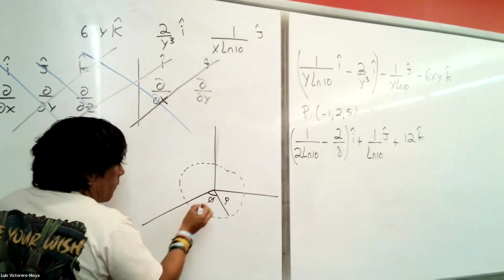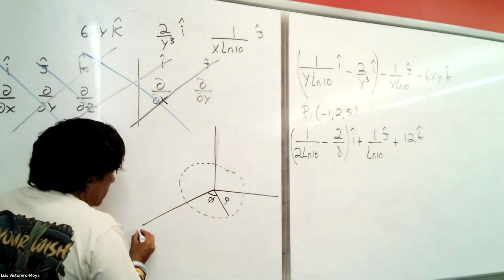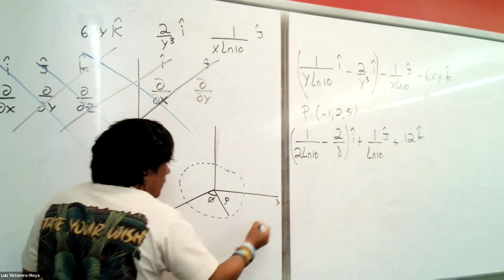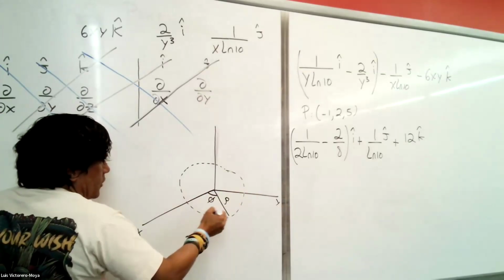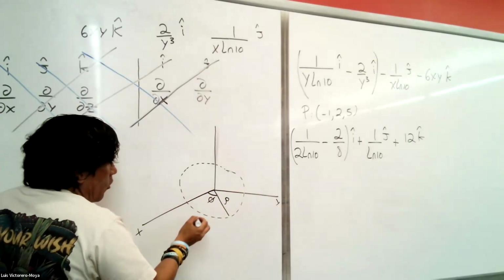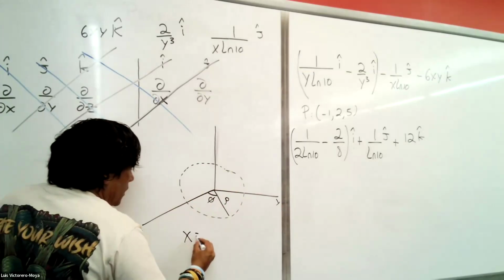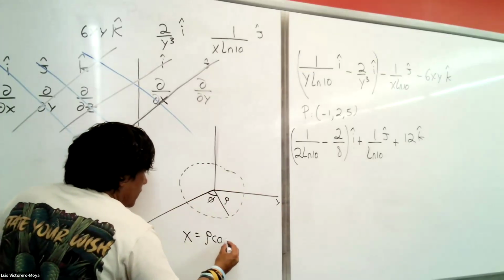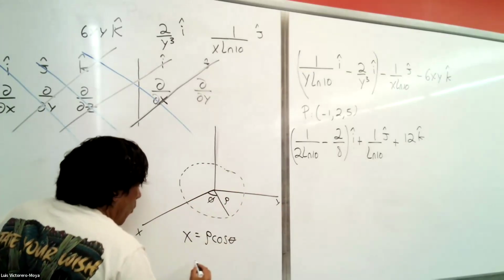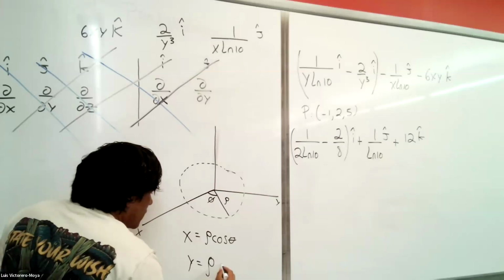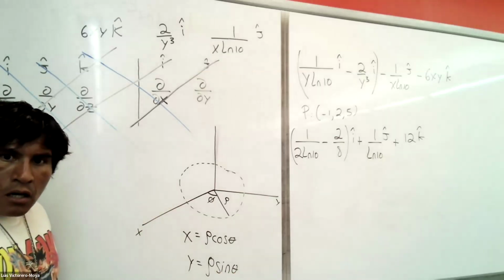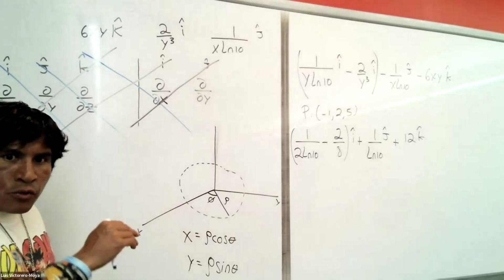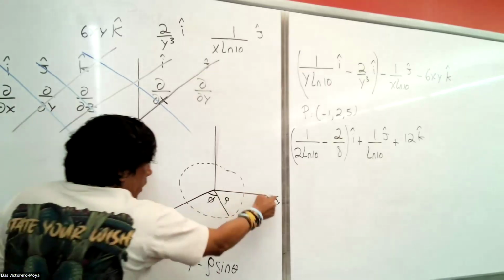Then if you break into components, if this is your X and this is your Y, if you do the projections like you do in the X and Y coordinate, the X will be rho cosine, and the Y is your rho sine. You're just doing the projections within the Cartesian coordinate. Remember, this is X and that's Y, right?